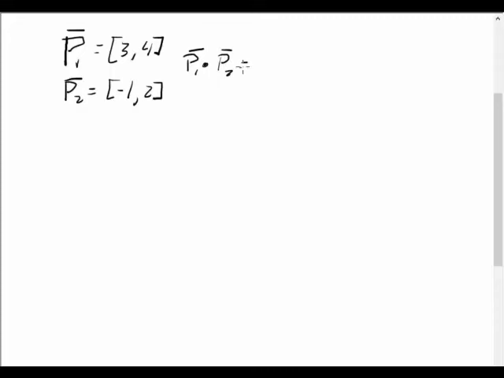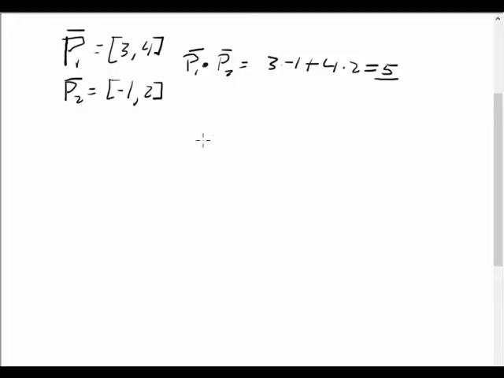What's that going to look like? Well, we take the sum of the product of the various components. So 3 times -1 plus 4 times 2. 3 times -1 is -3, and that's 8. 8 minus 3 is equal to 5. 5 is the value of my dot product of these two vectors. Obviously, they're not perpendicular to one another.